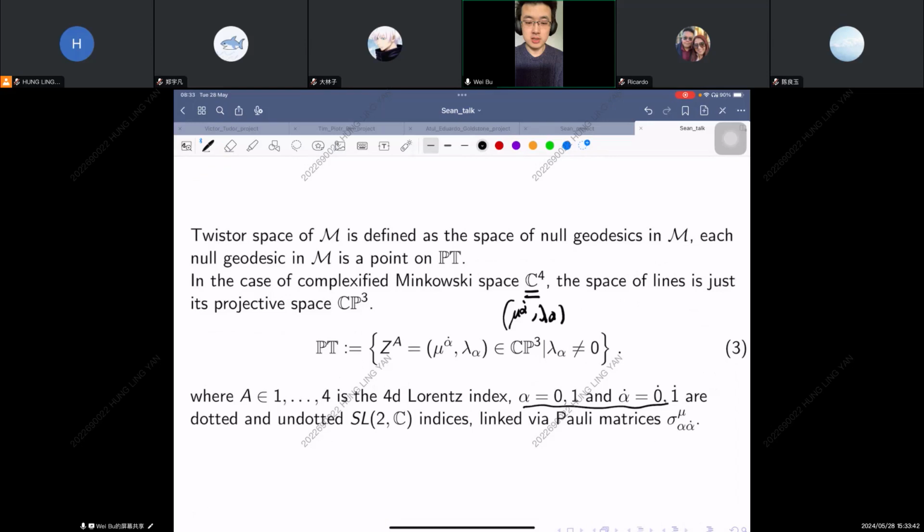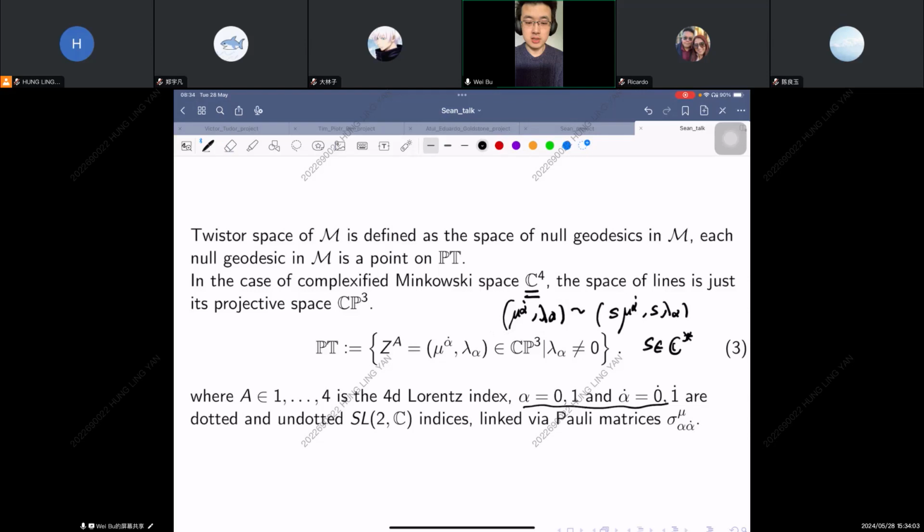And now I take away the scaling of these 4 complex coordinates, and I treat them as homogeneous coordinates, as in mu alpha dot, lambda alpha is identified with s mu alpha dot, s lambda alpha, where s is in C star, so any non-zero complex number.